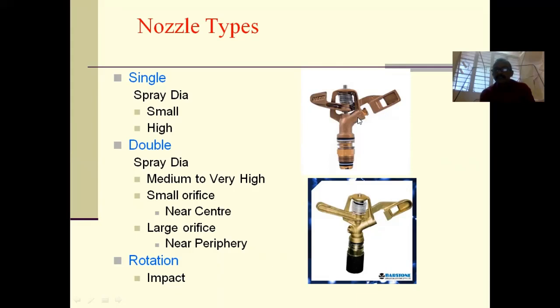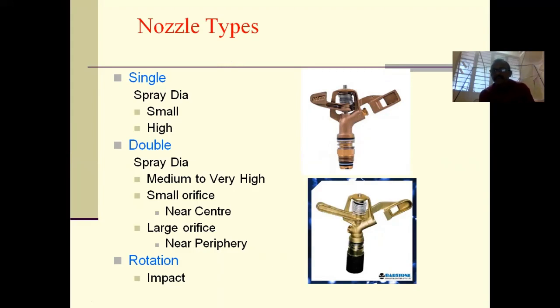So when water is issued out of this nozzle, it hits on the rocker arm and it is tiltable and it tilts and hits on the sprinkler, which causes the rotation of the sprinkler. And once it gives one impact, it is restored by this restoring spring.